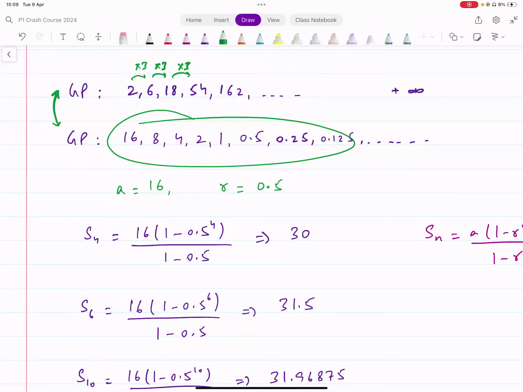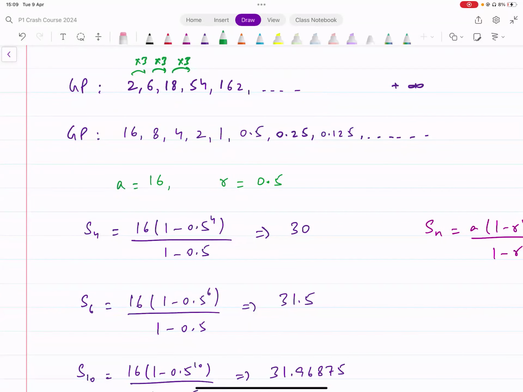So sum to infinity is only going to exist if the values in the geometric progression were becoming smaller and smaller, such that they eventually become very close to zero. If they are becoming larger, like in the first case, then the sum to infinity is not going to exist.